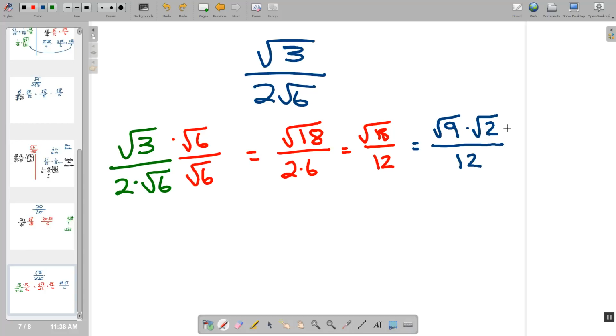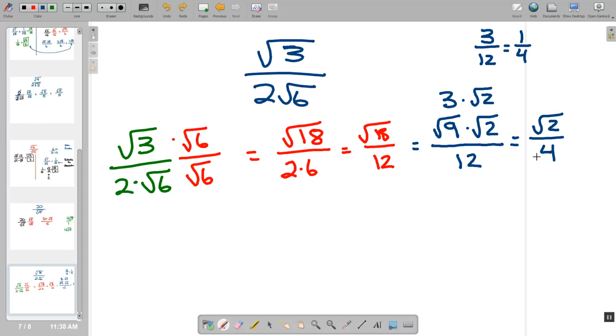This becomes 3 times the root of 2, and 3 divided by 12 is equal to 1/4. Therefore, my final answer will be the square root of 2 over 4.